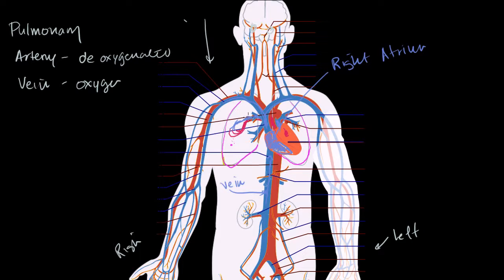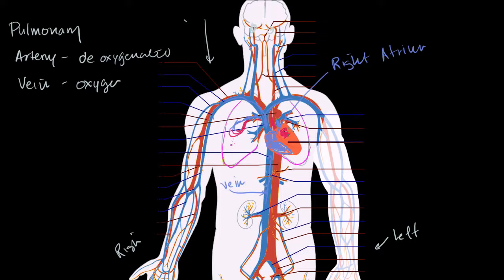Now this deoxygenated blood, this is in an artery, right? This is a pulmonary artery. Then it gets oxygenated. Now it's a pulmonary vein. And once it's oxygenated, it shows up here in the left. Let me do a better color than that. It shows up right here in the left atrium. Atrium, you can imagine, it's kind of a room with a skylight, or that's open to the outside.